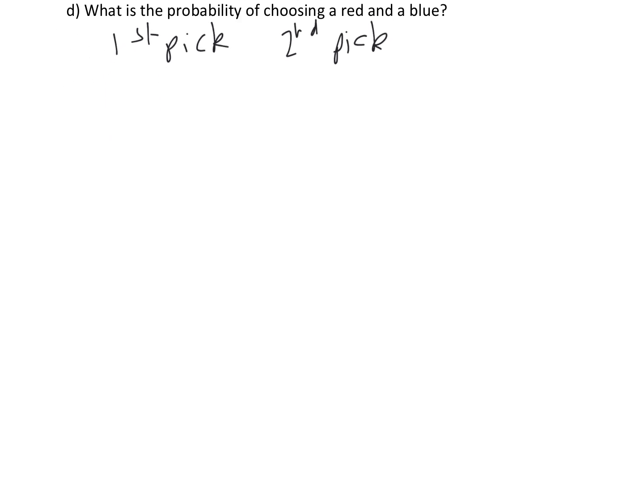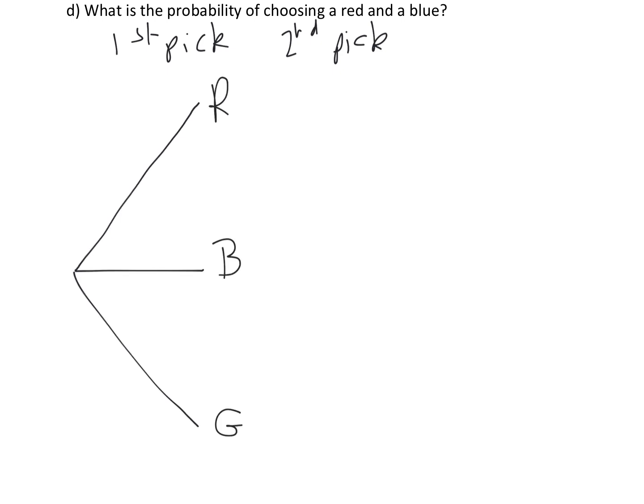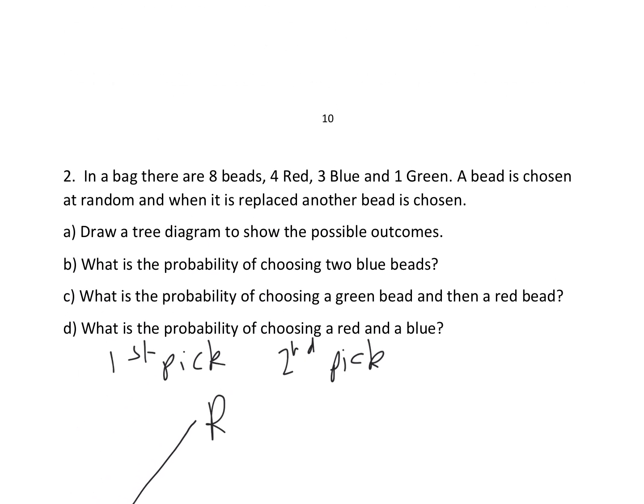So this is tricky to do on a tree diagram. Very easy to make mistakes. So there are 3 outcomes. So we could have red, blue or green. I already think I've made this maybe too wide. What's the chances of getting red, blue or green?